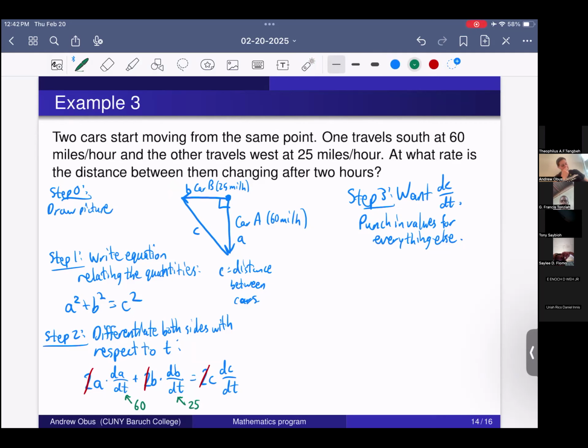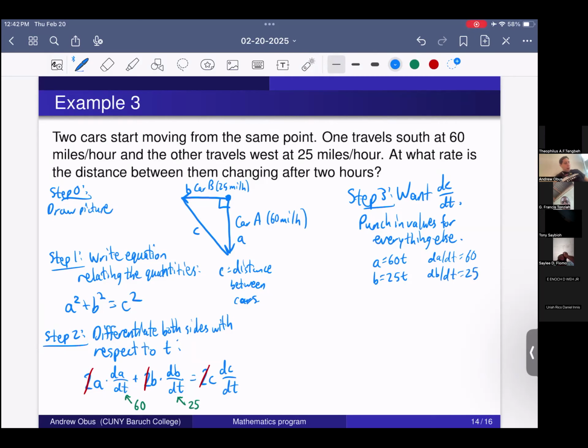That's going to be 60, right? I mean, in particular, what you really have is that A is equal to 60t and B is equal to 25t. That's what it means to travel at a constant rate. It's just rate times time. So this tells us, of course, dA dt equals 60, dB dt equals 25.